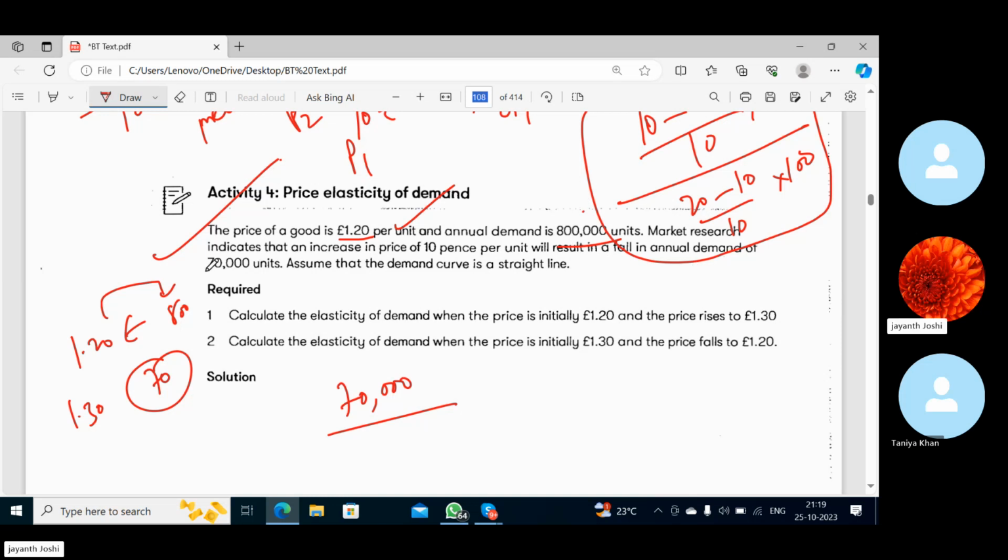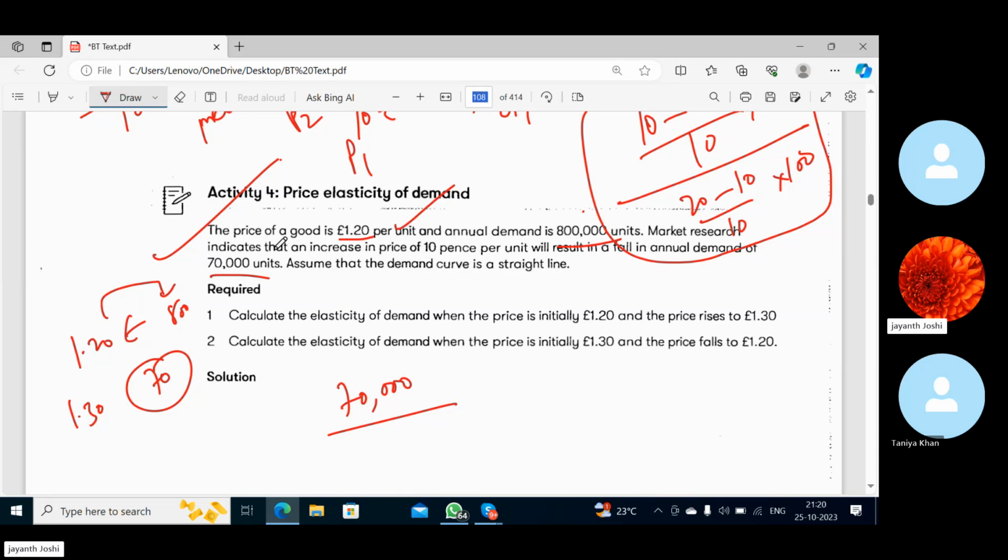Fall in demand of 70,000. It's not saying demand by or demand to, it's a fall of 70,000. So what's the percentage change? Your actual demand was 800,000 units, right?